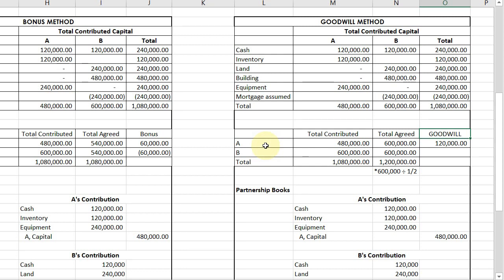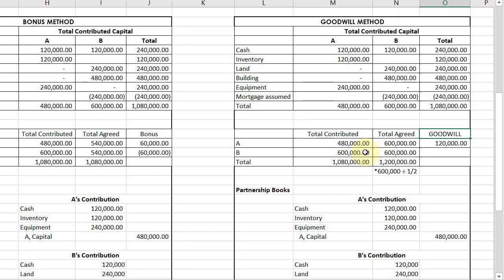A certain goodwill will be recognized, it was not stated in the problem, but for A. Since B's agreed, or B's contributed, is larger, A will have a recognition of goodwill. Okay? So, what will we do? Their capital credits are still equal.